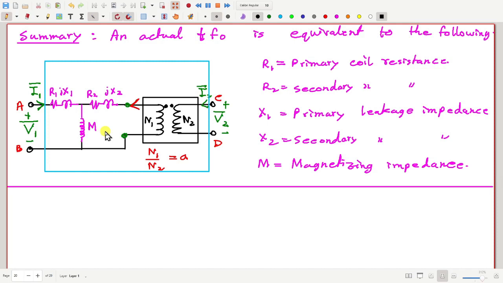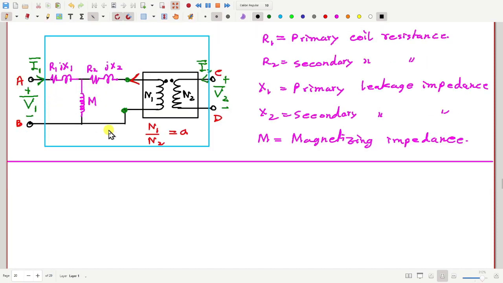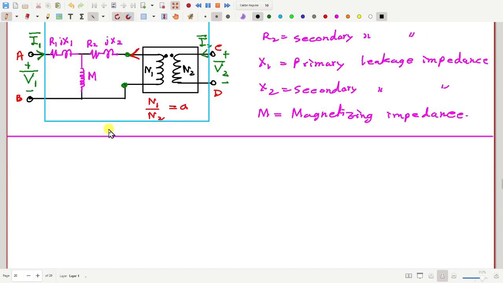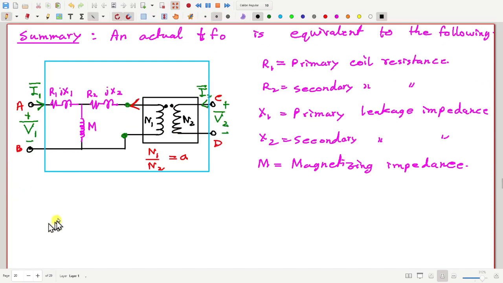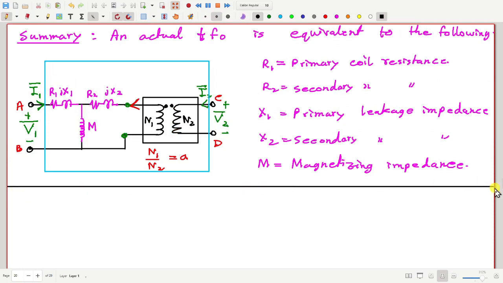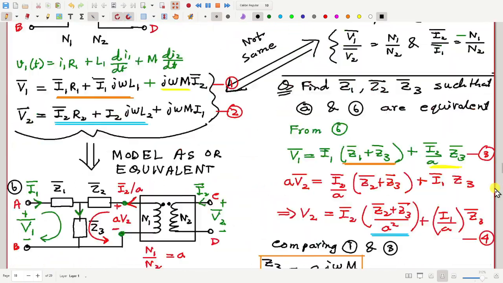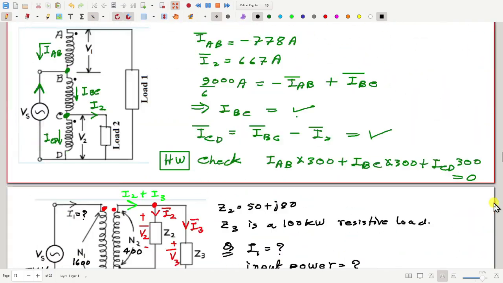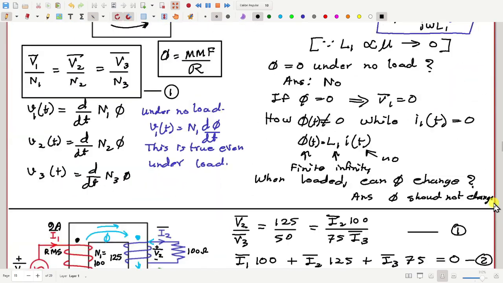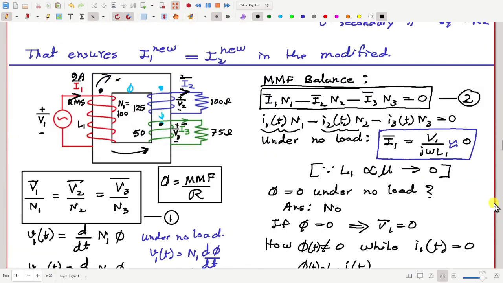Before that I have to tell one more thing. In our last class, we solved one example problem with an ideal transformer with 3 windings.